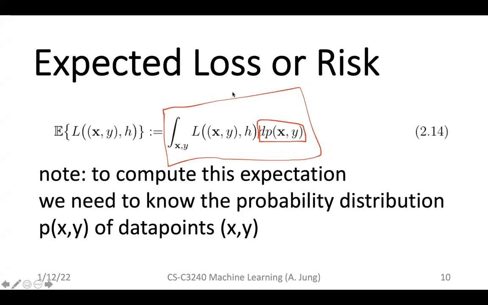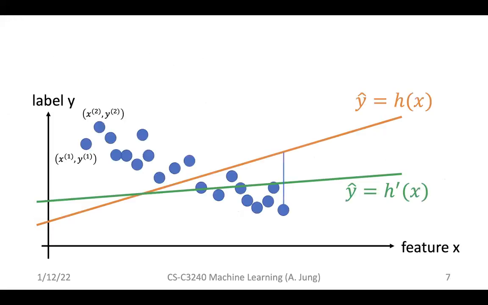So now we have a measure that tells us how well a hypothesis is doing on average for all possible data points, if we know the probability distribution. So this is important here. To compute this risk, we need to know the probability distribution, but you never know the probability distribution in reality.